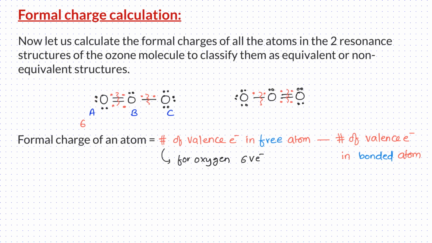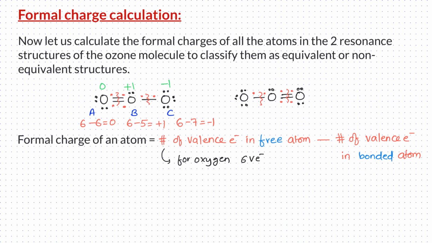The formal charge therefore is equal to 6 minus 6, that is 0. For oxygen B, the total number of electrons in a free atom does not change, that is 6, but the number of valence electrons in the bonded state is 5. So 6 minus 5, you get plus 1. And for oxygen C, we get 6 minus 7, that would give me minus 1.